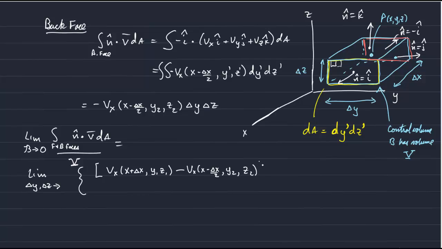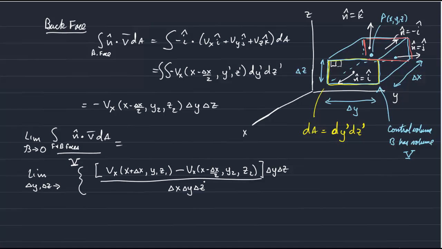And those were both multiplied by delta y and delta z, the area of the face. And the volume of the whole box is delta x, delta y, and delta z.